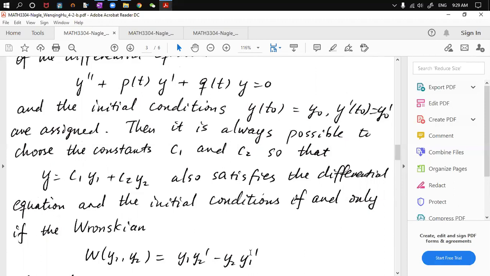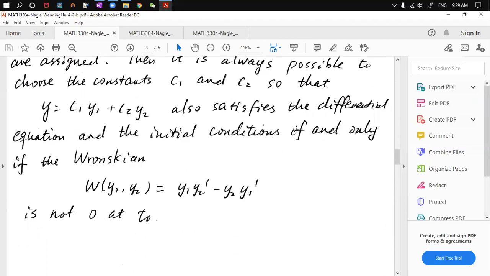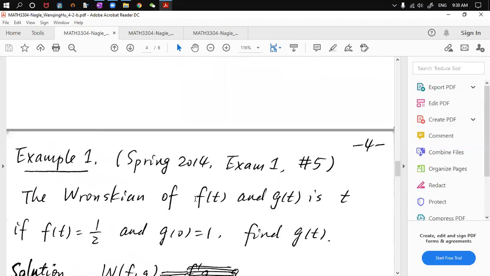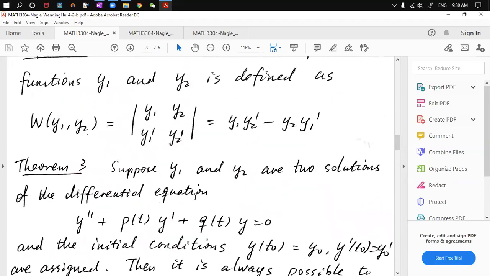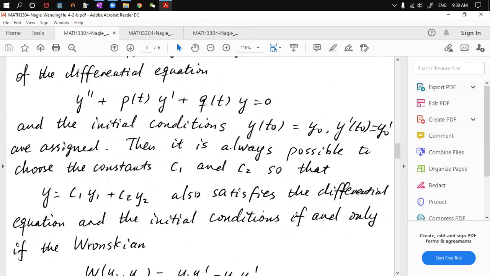If you evaluate the Wronskian at the initial point, previously the initial point was 0, but it doesn't have to be 0. It can be a general t0. Then you just need the Wronskian to be non-zero. That's the theory that we've been talking about in the past 50 minutes.